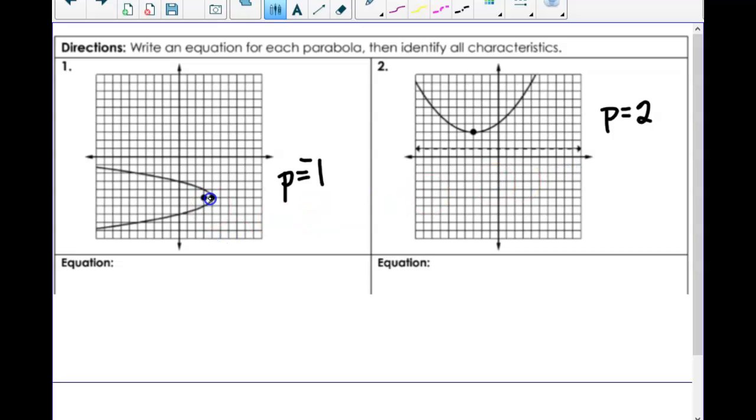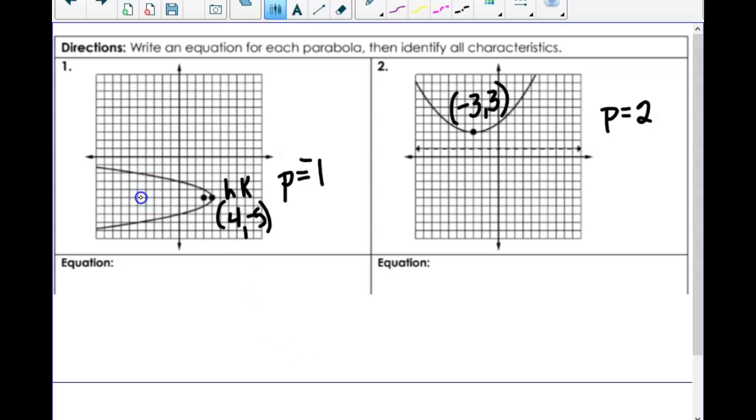All right, can anybody tell me the vertex quick? This one had a vertex at 1, 2, 3, 4, 1, 2, 3, 4, 5. Is that 4, -5, guys? So that's H and K. And this one has a vertex at -3, 3, maybe? Anybody? Does that seem okay? All right, so now you just need to go to your sheet.